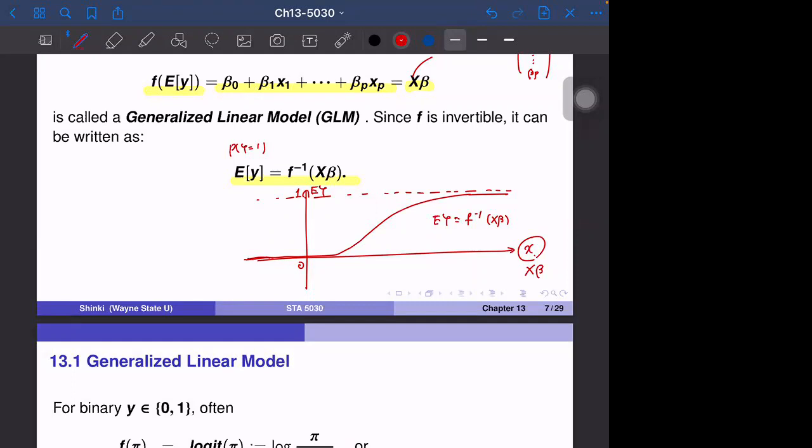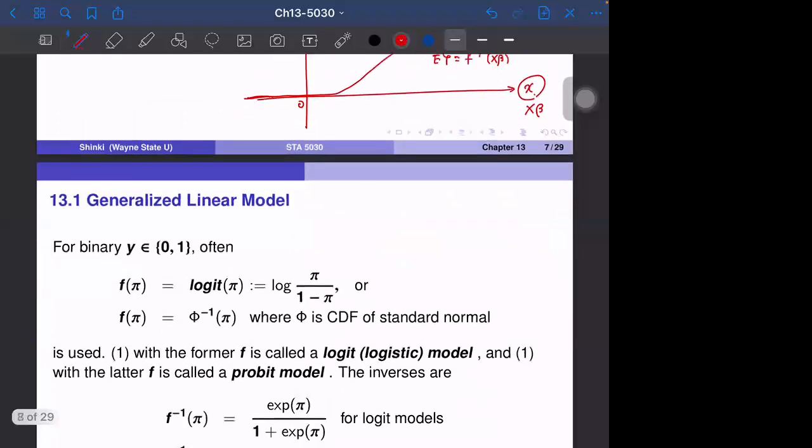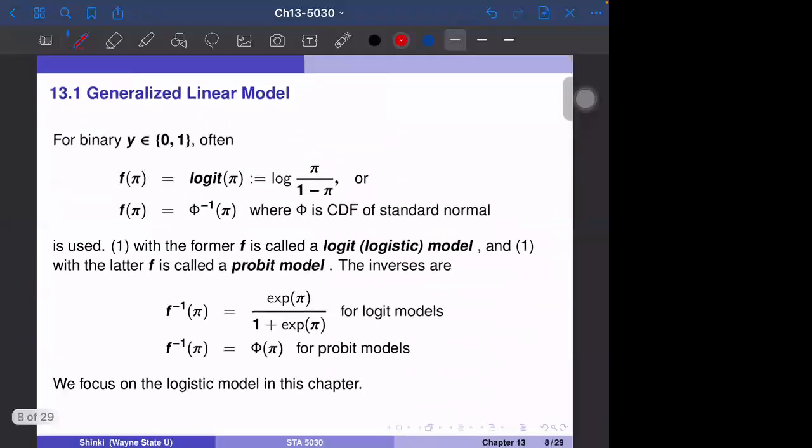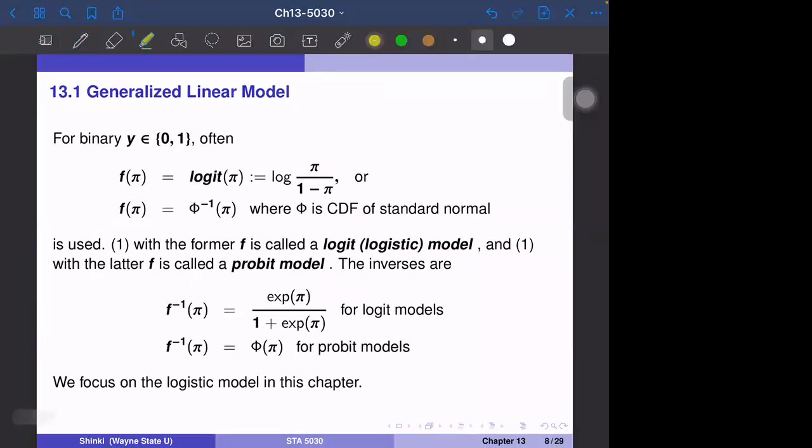Now let's think about what the function f is. We have to hand pick this f. We don't estimate f, but we give a specific f. Just for convenience, we want to use a convenient f to estimate this model. Often we assume f of pi is the logit function of pi, that is log of pi over 1 minus pi, where pi is the success probability.